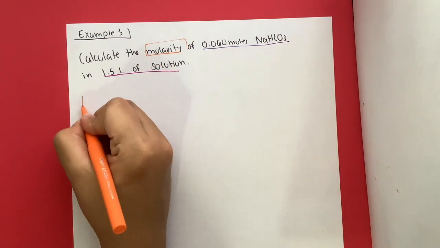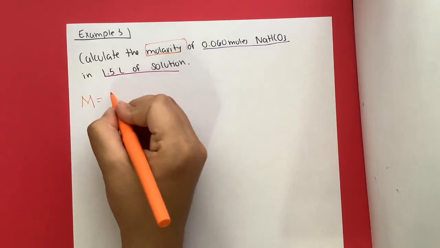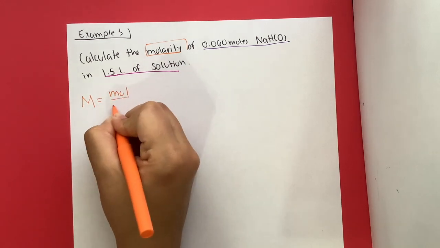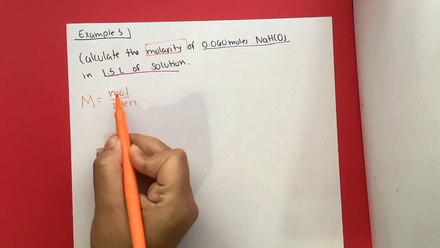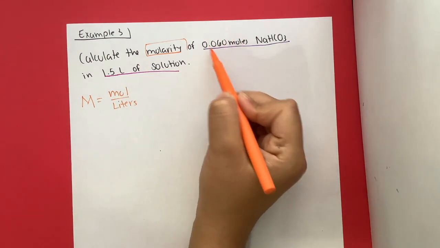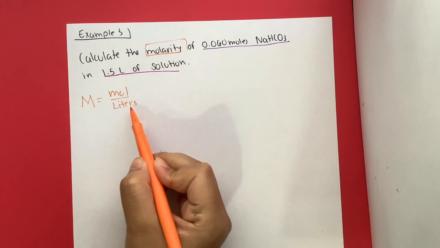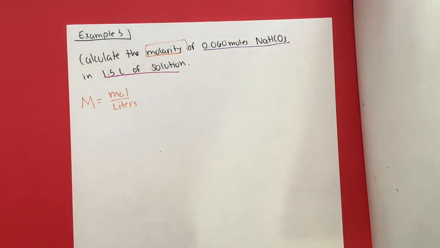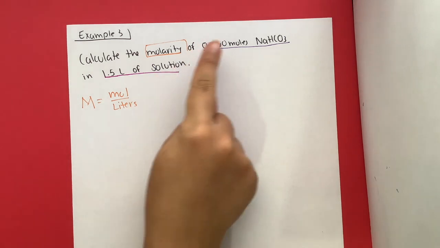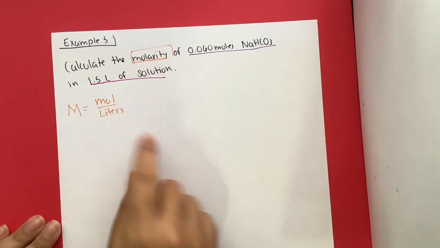Remember that molarity is big M, and it's moles over liters. So molarity is moles of solute divided by liters of solution. This problem is a very simple one. We're just going to plug in our values into the equation and solve.